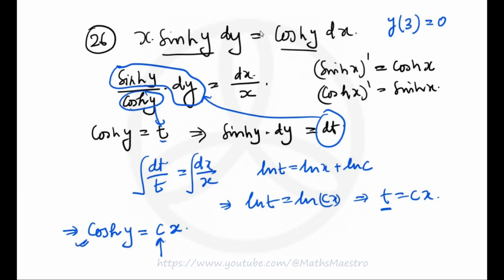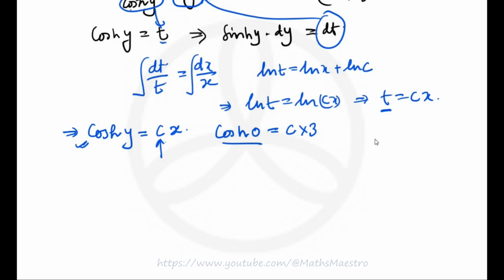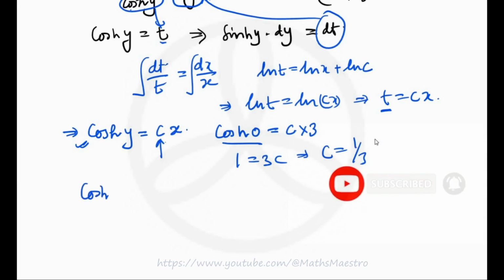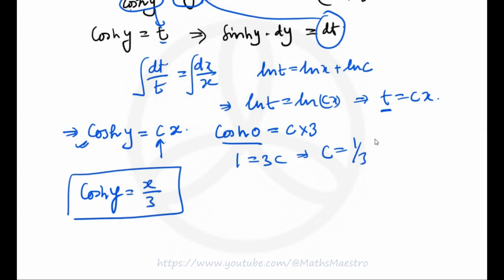So here we can write cos hyperbolic 0 is equal to c times 3. So here we have cos hyperbolic of 0 is 1 and this is 3c. This will give us nothing but c is equal to 1/3. Therefore our solution for this actually will be cos hyperbolic of y is equal to x/3. Okay, this is the answer.